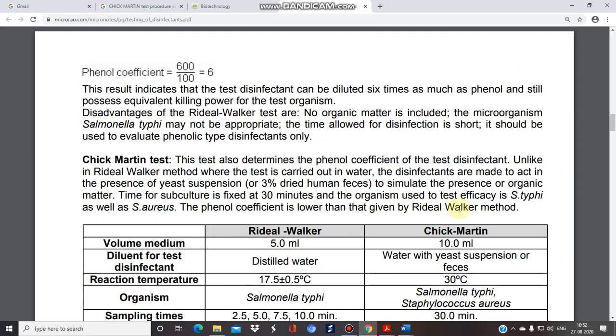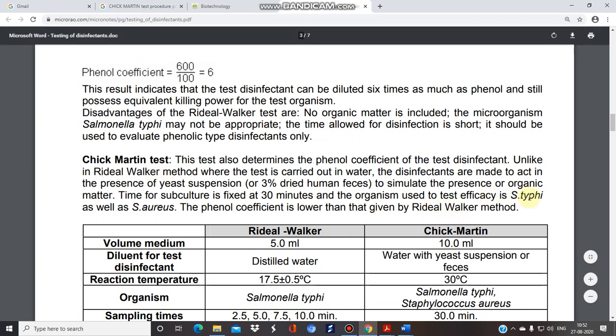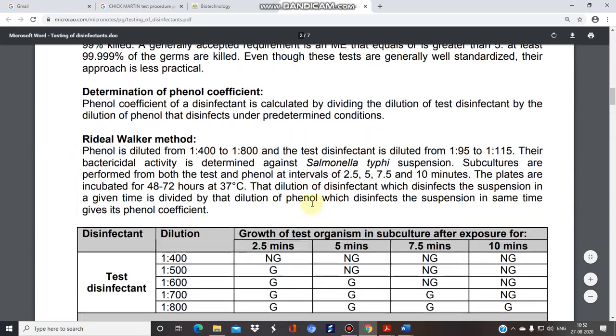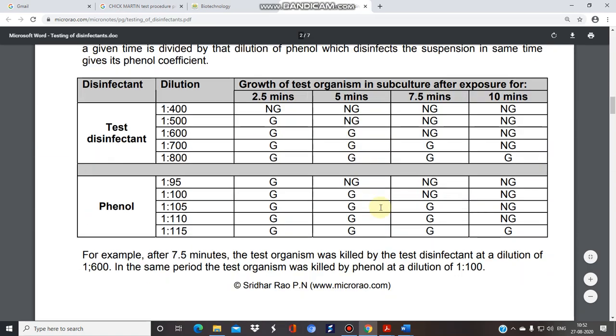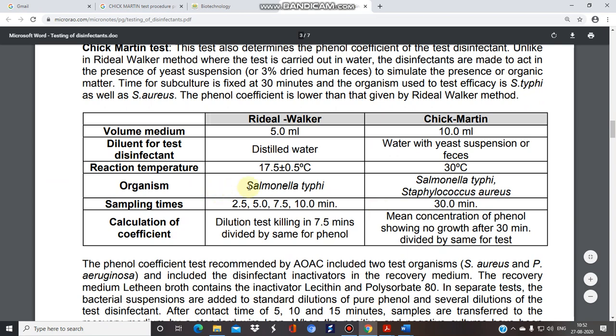The organisms tested in the Chick-Martin test are Salmonella typhi as well as Staphylococcus aureus, but in the Rideal-Walker test we only use Salmonella typhi suspension. The sampling time in the Rideal-Walker test is 2.5 to 10 minutes, whereas in the Chick-Martin test it is up to 30 minutes.